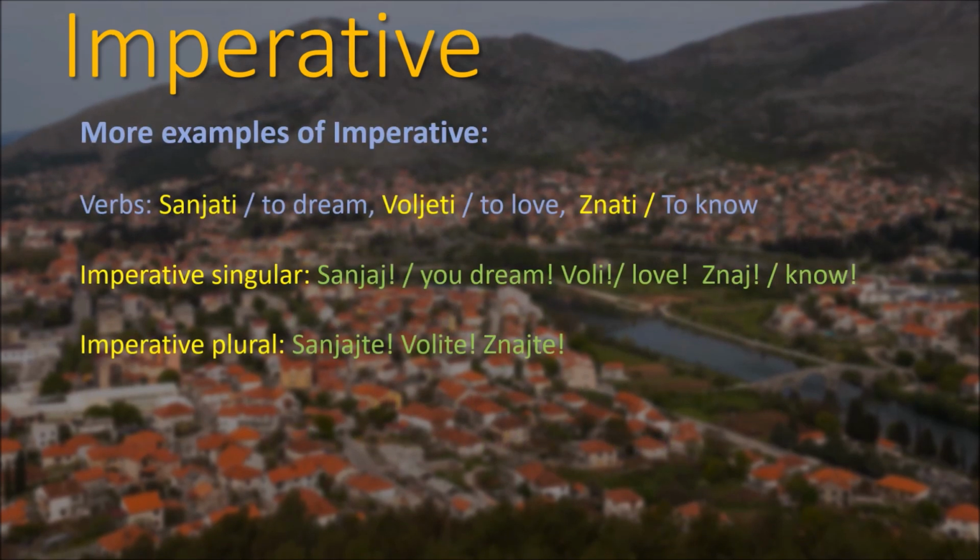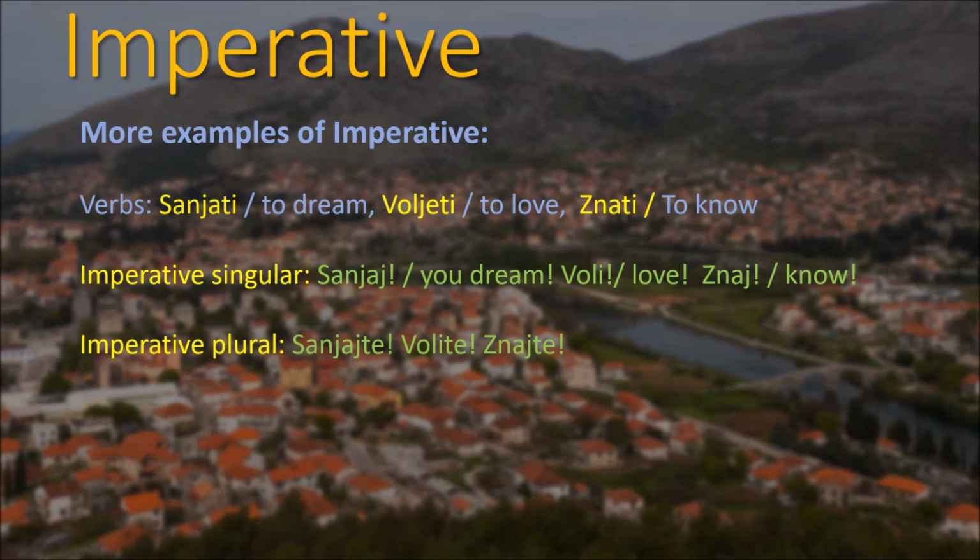I've decided to share some more examples on verbs, and how to create imperative from these verbs in singular and plural forms. I decided to use sanjati, to dream, voljeti, to love, znati, to know.